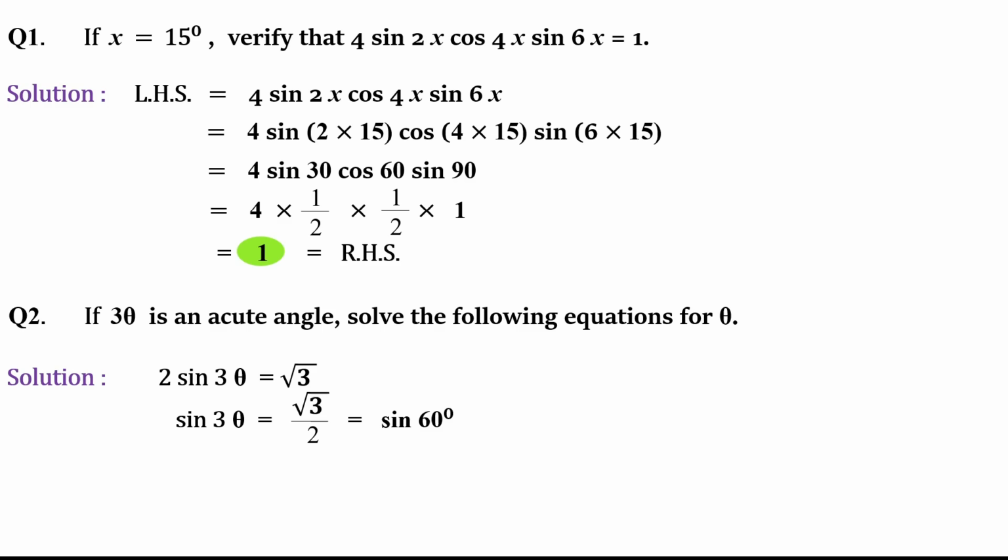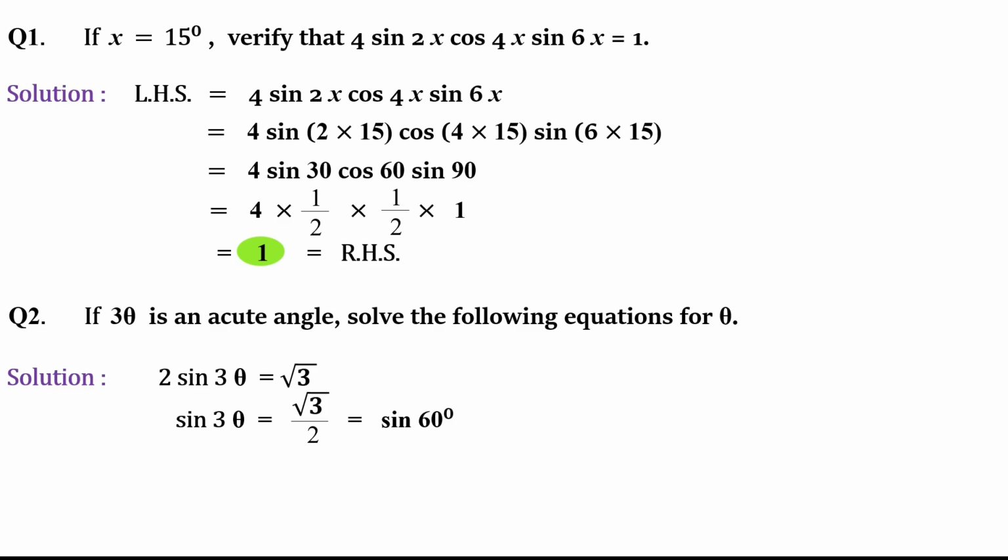So sine 3 theta is root 3 by 2, and from the table we know, the value of sine 60 is also root 3 by 2. Because in our question sine with an acute angle is given, so we will see in sines column only for which value of sine we are getting the answer as root 3 by 2, and I come to know that it is sine 60.